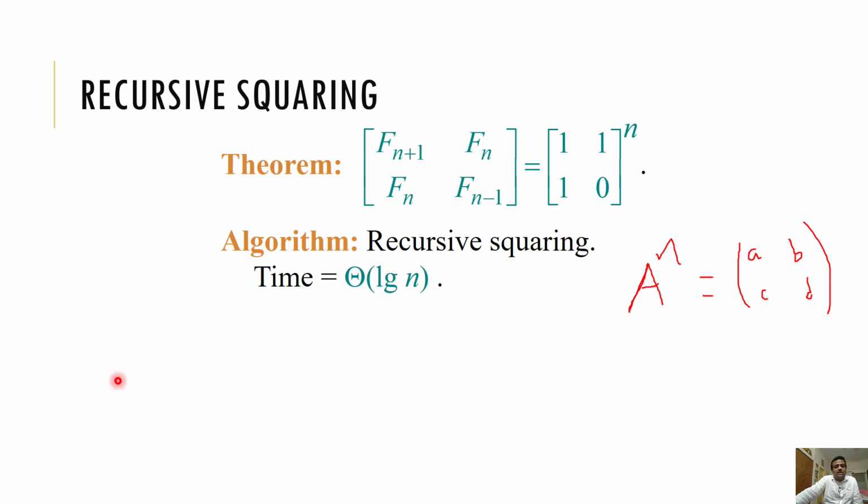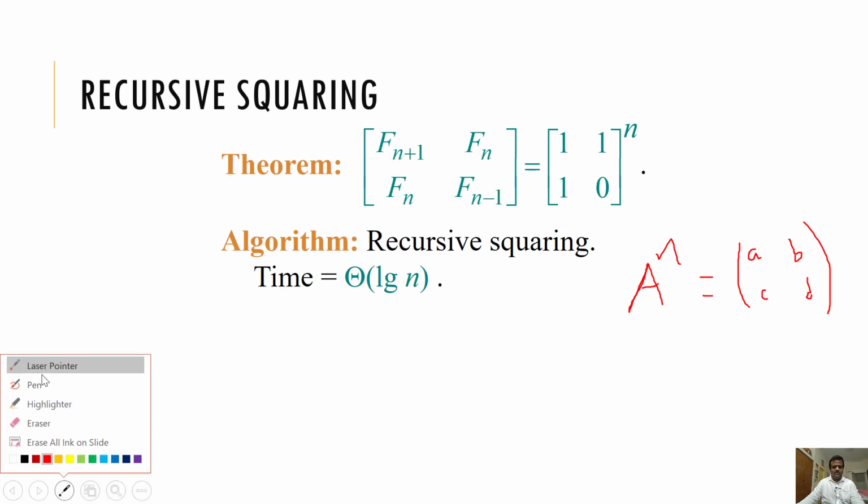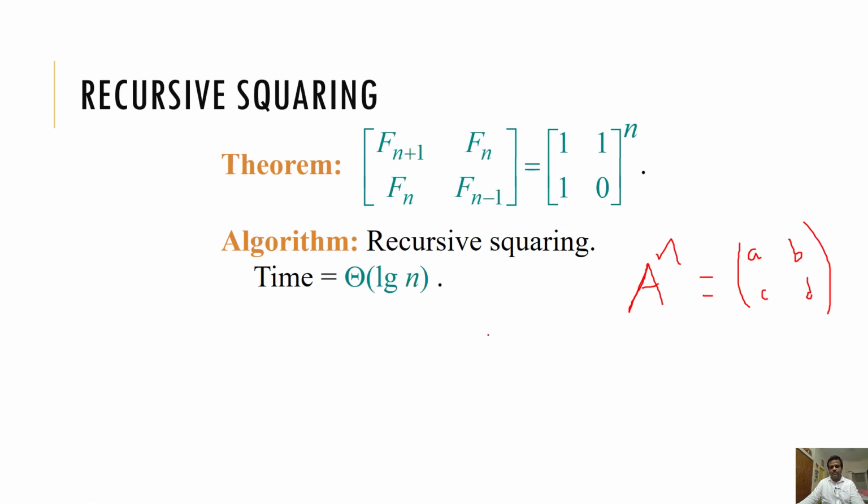that can use something similar to powering a number, because A to the power n can be written as, this is the recursive formula, the divide and conquer formula: A to the power n by 2 into A to the power n by 2, if n is even.